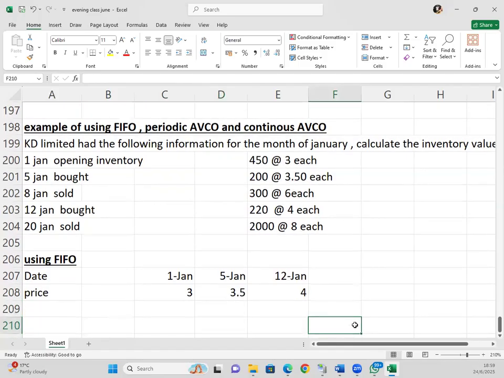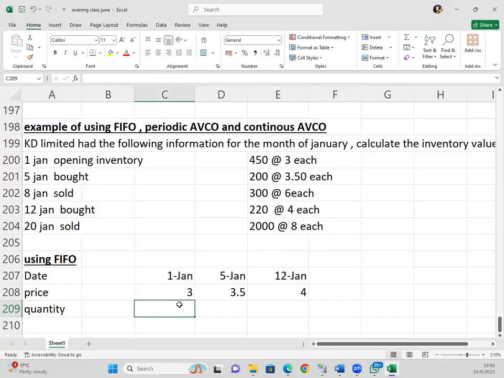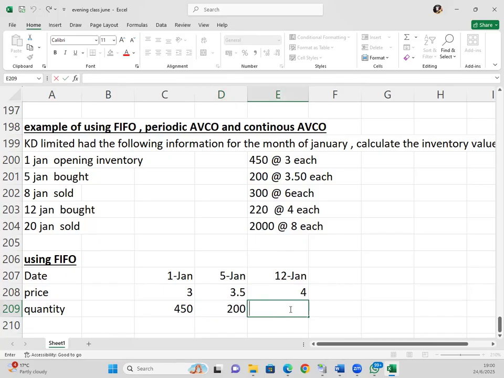Then we move on to the quantity. This is what we bought. The quantity we started with is 450, that's 1 January. For 5 January, we bought 200.